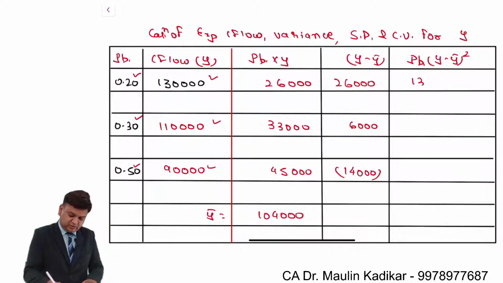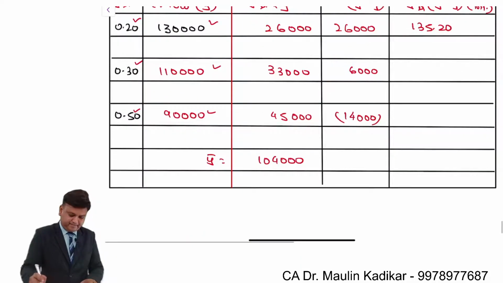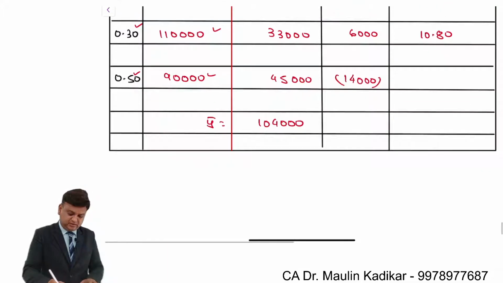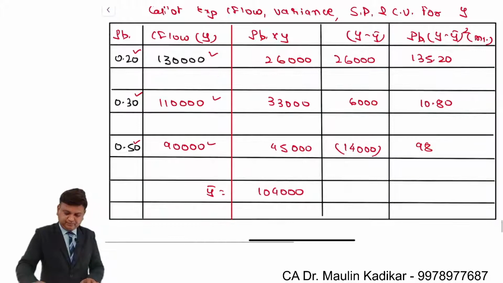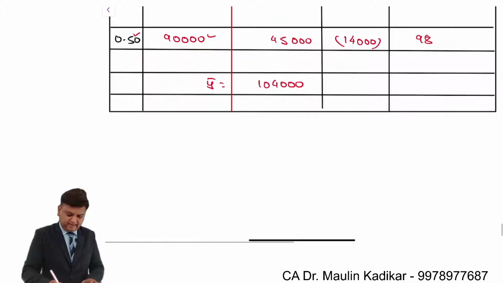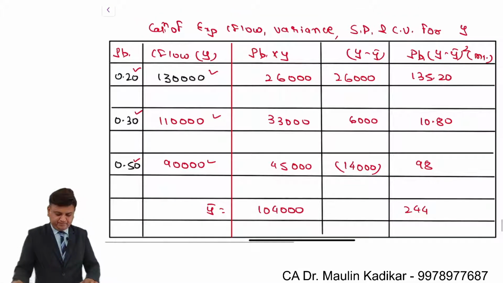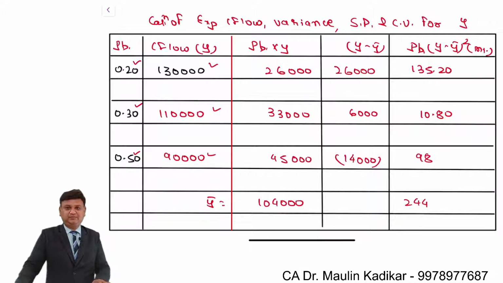So it is 135.2 million. Square of 6,000 into 0.30 divided by 10 lakhs, 10.8 million. Square of 14,000 into 0.50 divided by 10 lakhs, 98 million. So the total of that is 244 million. This is the way the variance is found.